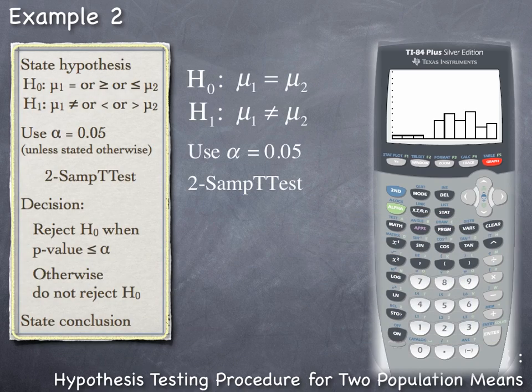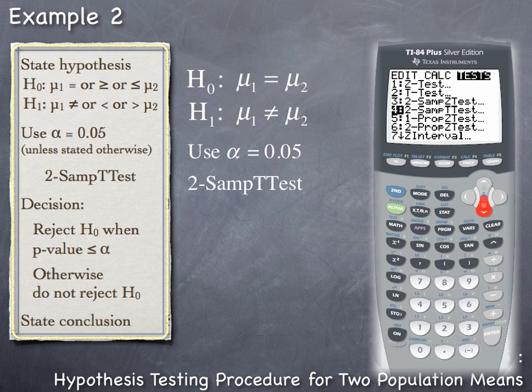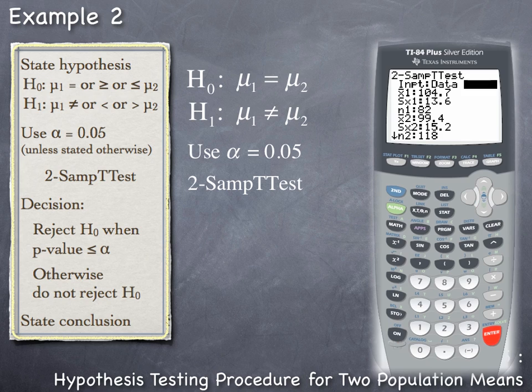So, continuing with our hypothesis test, we can go to the 2-SampTTest command by pressing stat, arrow over to tests, and arrow down to 2-SampTTest. Enter. Here we have for input the actual data. So we arrow over to data, press enter to select, then down arrow. Our first sample was entered into L1. Our second sample was entered into L2.